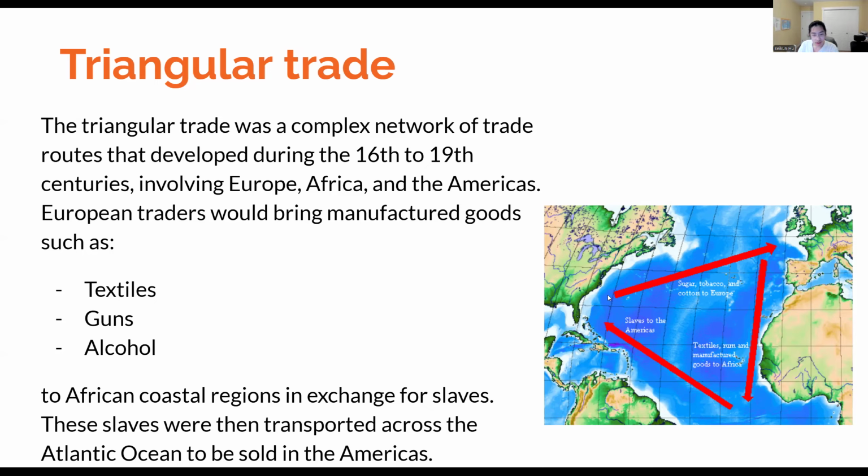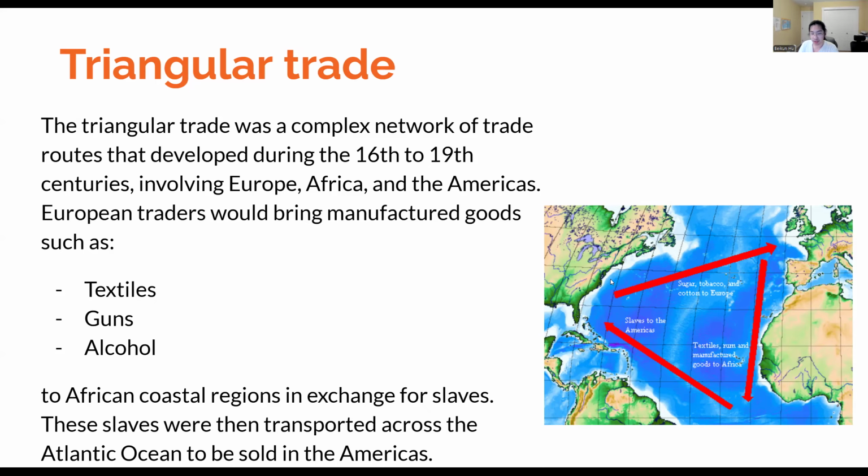The final leg of the triangular trade is transporting goods produced in the Americas, like cash crops and raw materials, back to Europe.